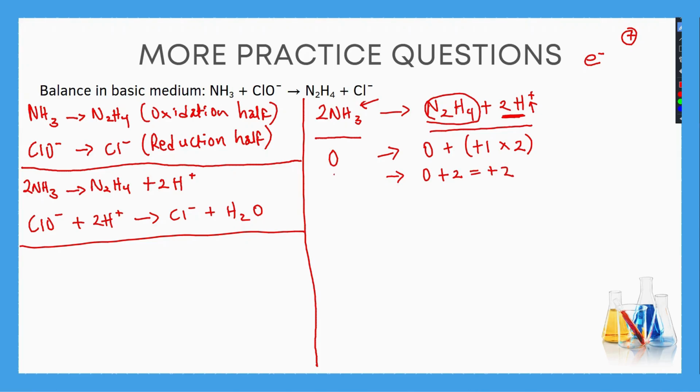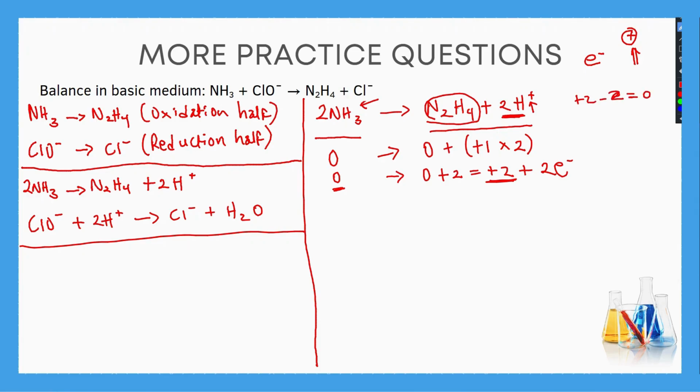So on the left-hand side, we have a charge of 0. On the right-hand side, we have a charge of +2. Now, we need to add a sufficient number of electrons to the side that is more positive so that the charges on both sides can balance. So how many electrons do we need to add to +2 to make it equal to 0? We need to add 2 electrons, because basically it's just like saying +2 minus 2.